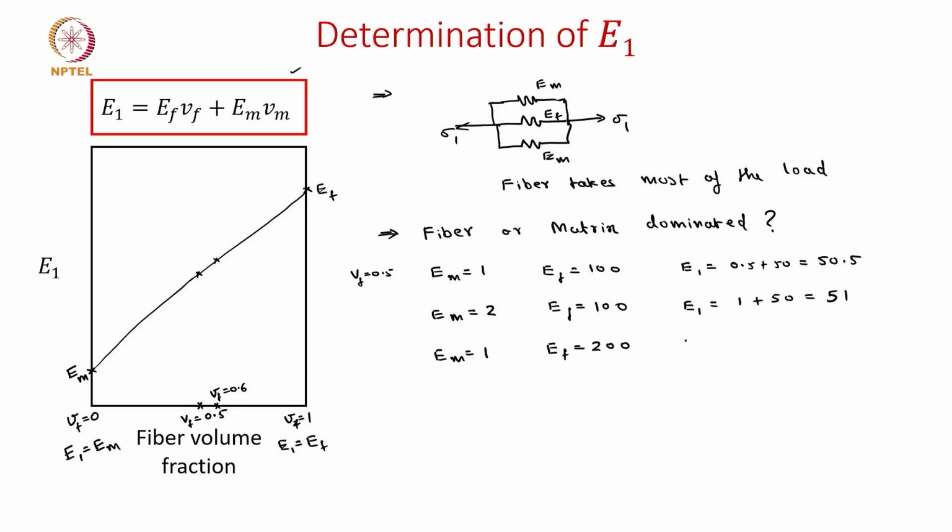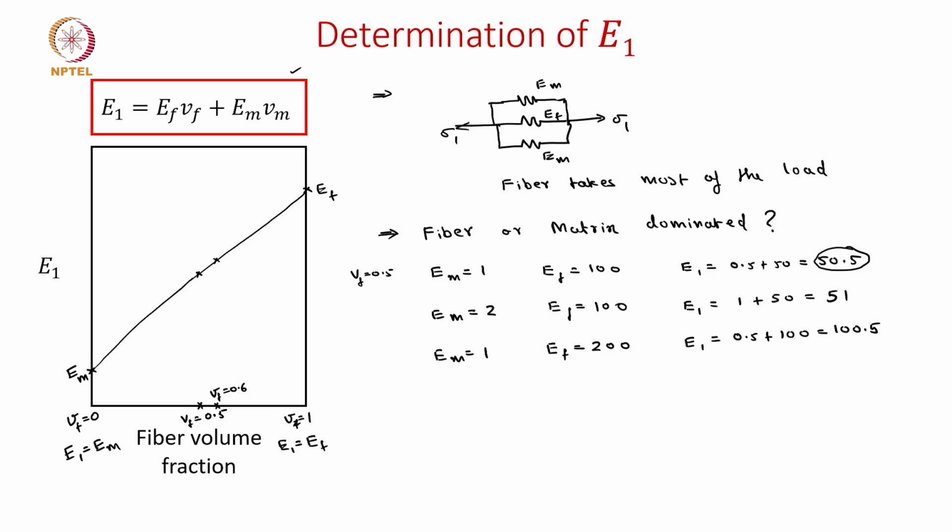So now you can see the E1 will be fraction times 1, so it will be 0.5 plus 200 times half will be 100. So what did we notice? Compared to the initial value, when we double the modulus of the matrix, there was no big change in the modulus of the composite.